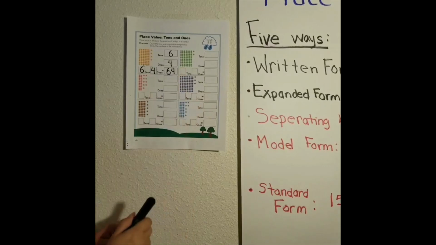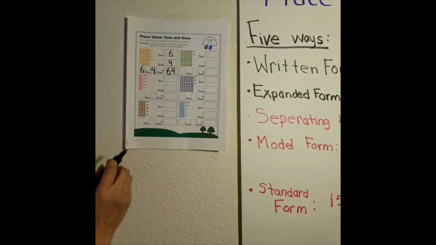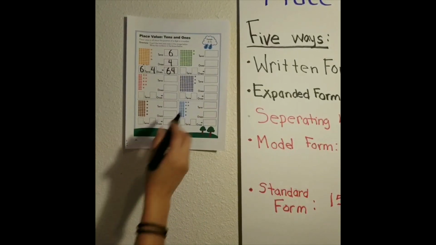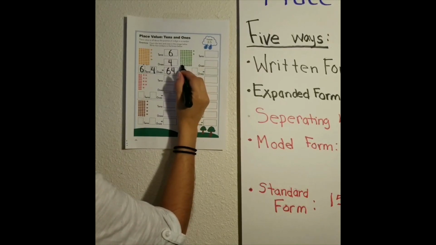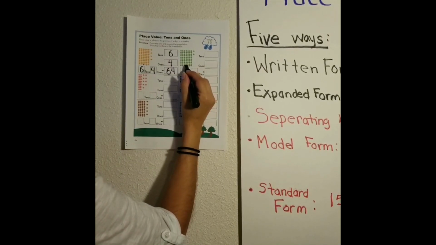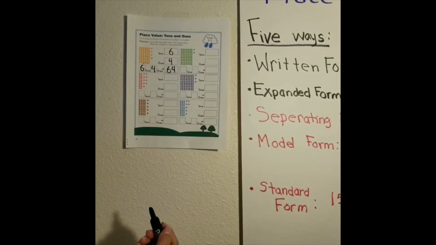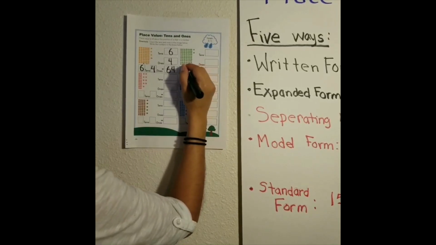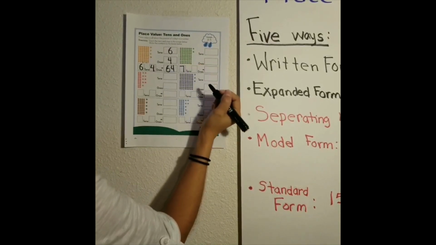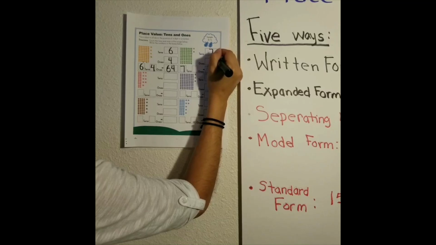So, the easiest way we're going to do this is count how many rows we have for our rods. 1, 2, 3, 4, 5, 6, 7. So that means we have 7 tens. So I'm going to put 7 in my tens spot.